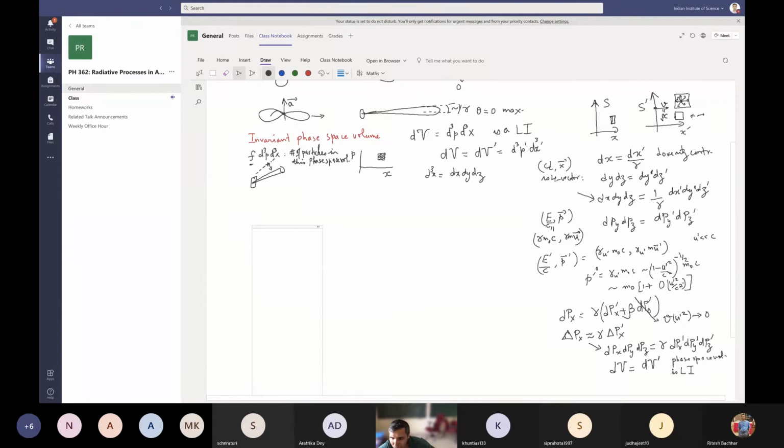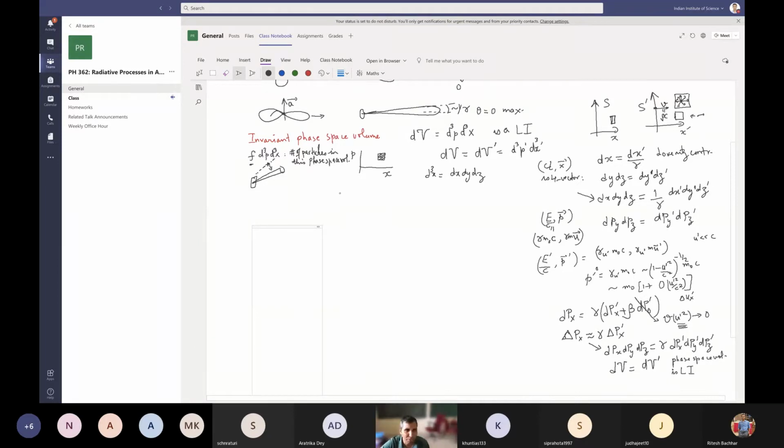The subtle part was to notice that this is negligible. We are considering only a small spread in particle velocities, in particular x velocities, delta ux prime, where the ux prime average value is 0 and there is a little spread there. So this gives us this transformation, and the phase space volume is Lorentz invariant.